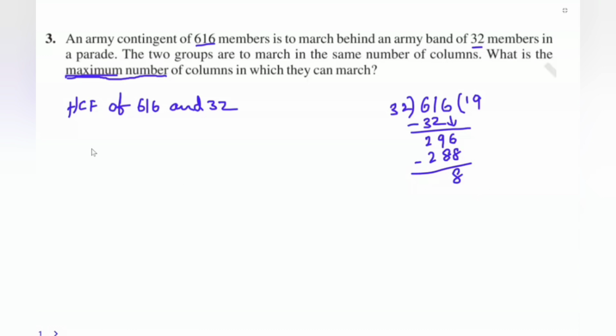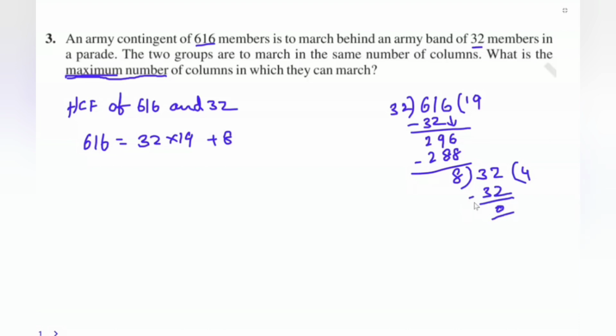So, in this first step, we can write the division algorithm as 616 = 32 times 19 plus 8. Let's continue the division with this 8. Take this 32 as the dividend. 8 fours are 32. Exactly, we get 32 and 0 remainder here.